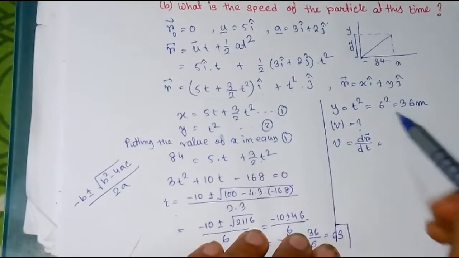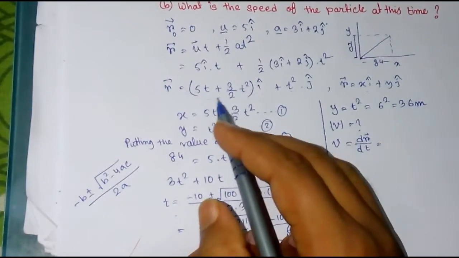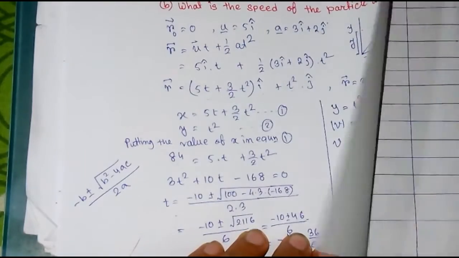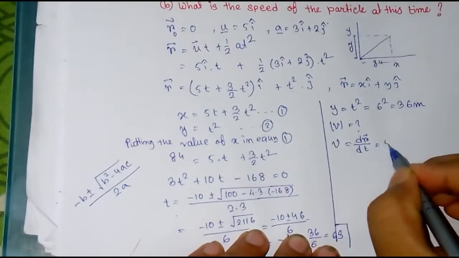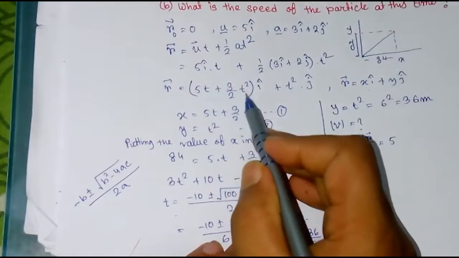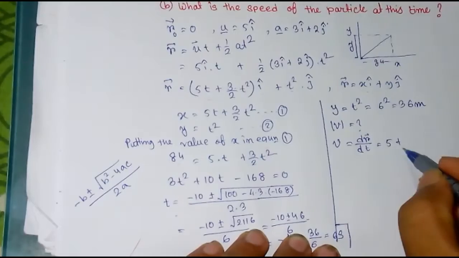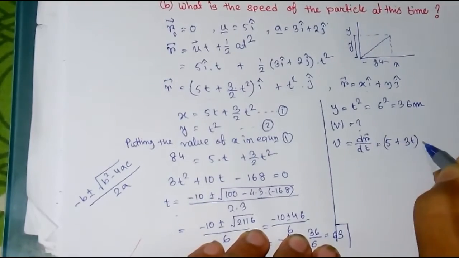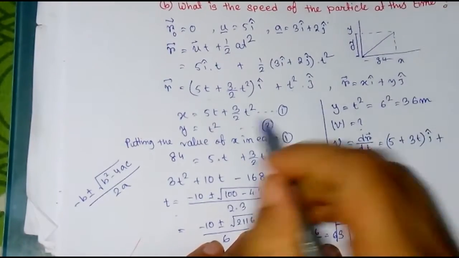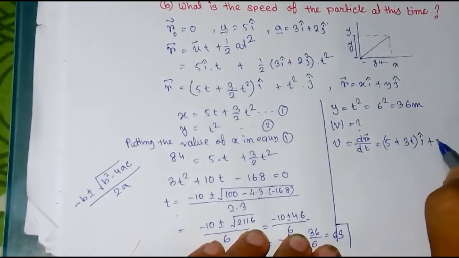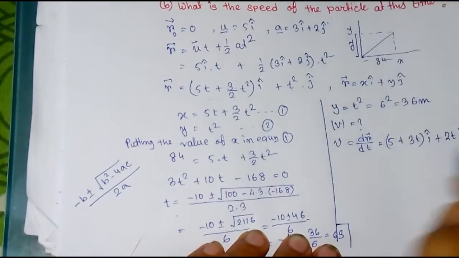R is this one. If you differentiate with respect to t, here it is 5 only, and here 3 by 2 t square, so the 2 cancels out and you get 3t i hat, plus t square gives 2t j hat, right?